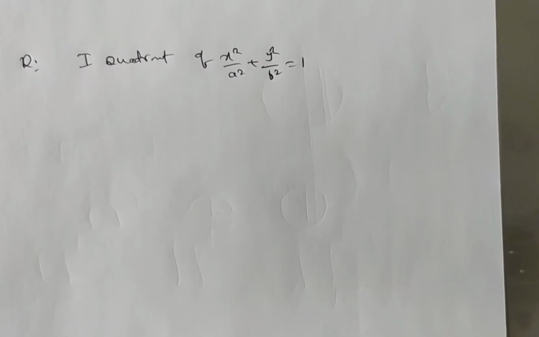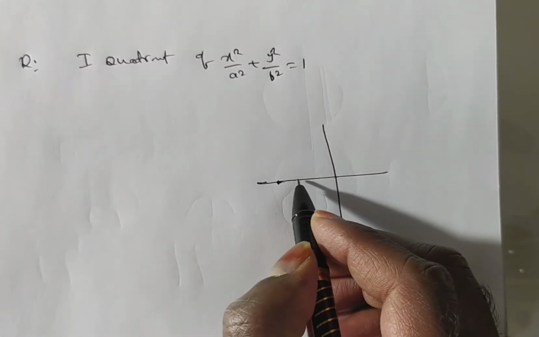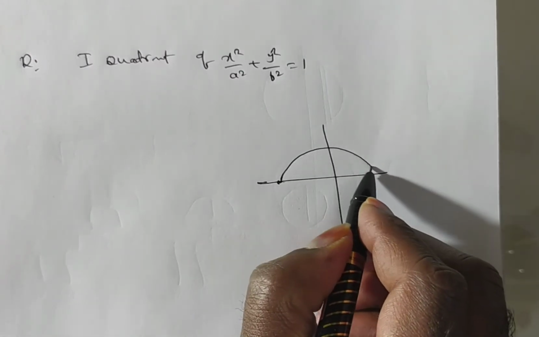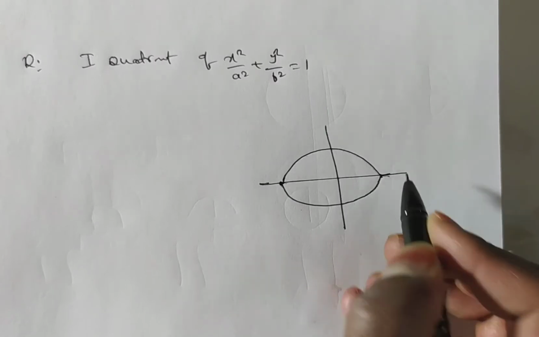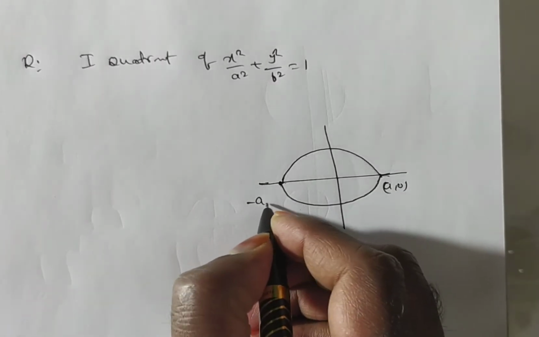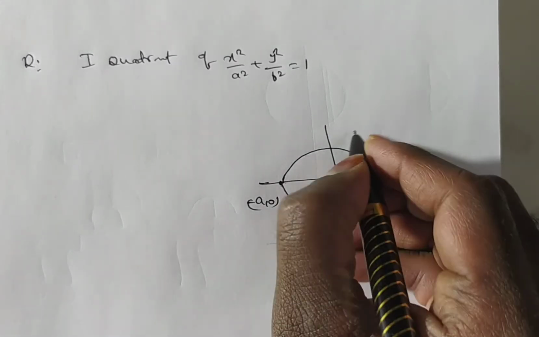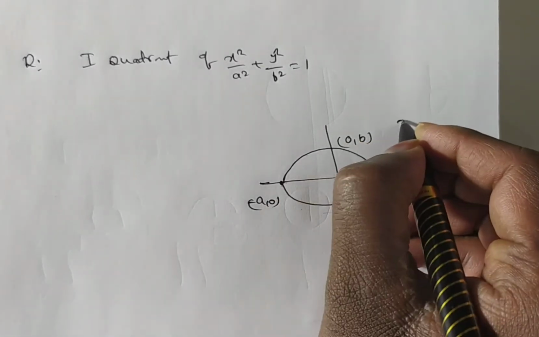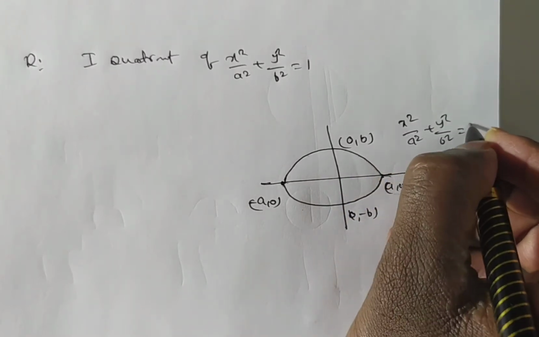Now the graph of the ellipse is like this, you see. Not exactly, I am just giving a rough sketch only. So here the limits are a and 0, this is minus a and 0, and this is 0 comma minus b and 0 comma b. Here is the ellipse x square by a square plus y square by b square is equal to 1.